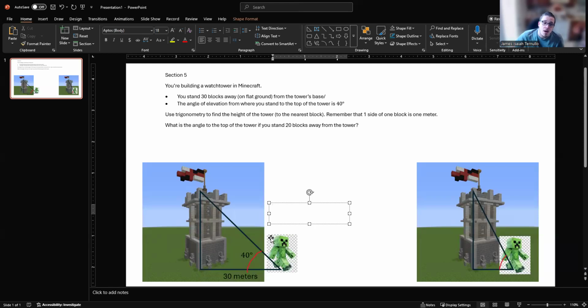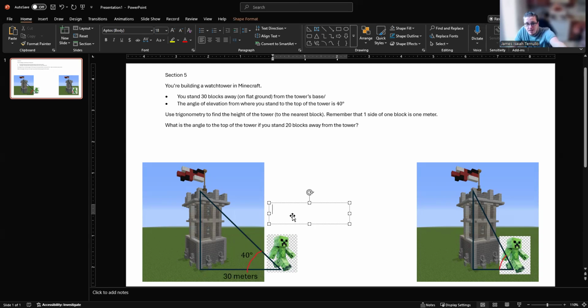So with that being said, we have an adjacent length to an angle, which, if we look in our lab manual, we can find.